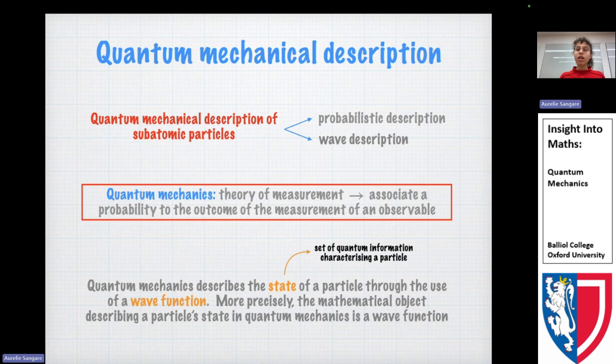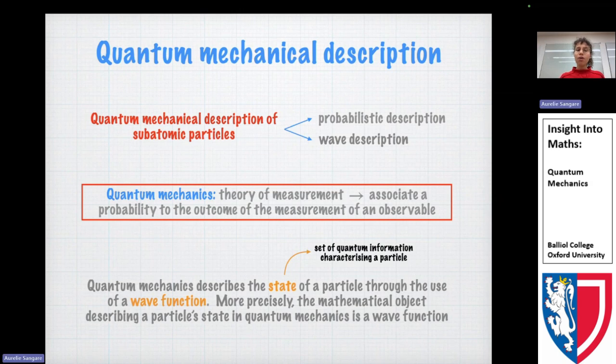So in quantum mechanics, you measure observables and you get different outcomes. And what you do is that to each outcome, you associate a probability. So that is really a key idea of quantum mechanics. So it is a theory of measurement. You measure observables, and to the outcomes of your measurements, you associate probabilities.